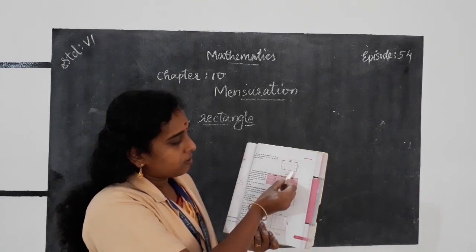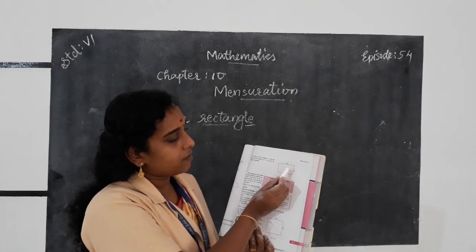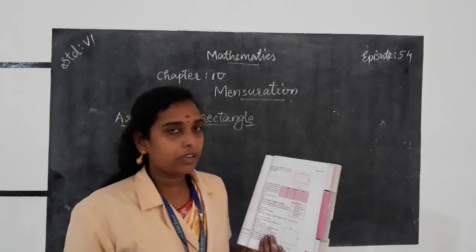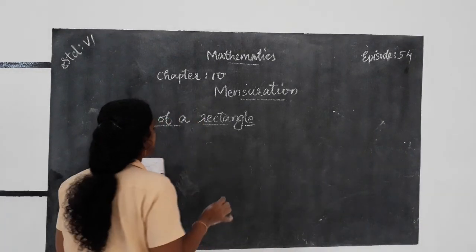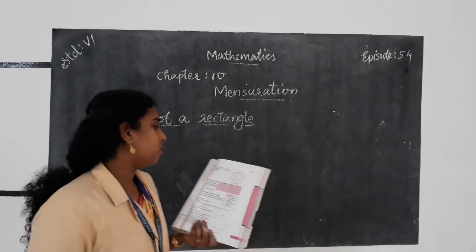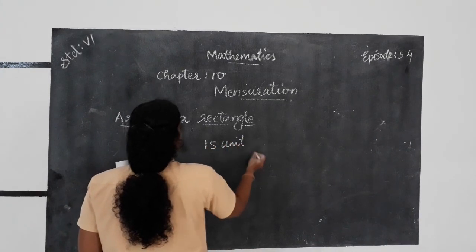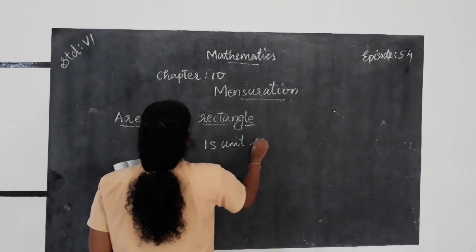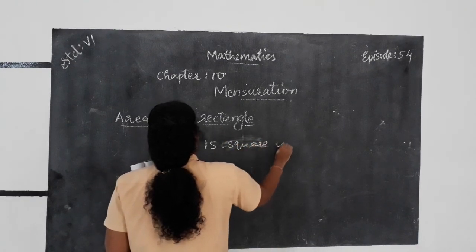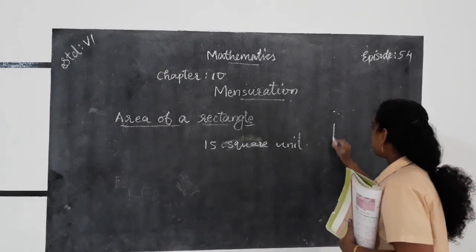Here all the squares are fully filled. 1, 2, 3, 4, 5, 6, 7, 8, 9, 10, 11, 12, 13, 14, 15. 15 fully filled squares, which means the area of the given rectangle is 15 square units. 15 square units is the area of the given rectangle. The given rectangle is like this.